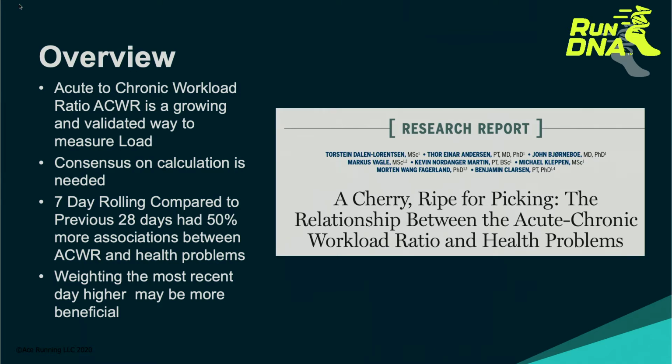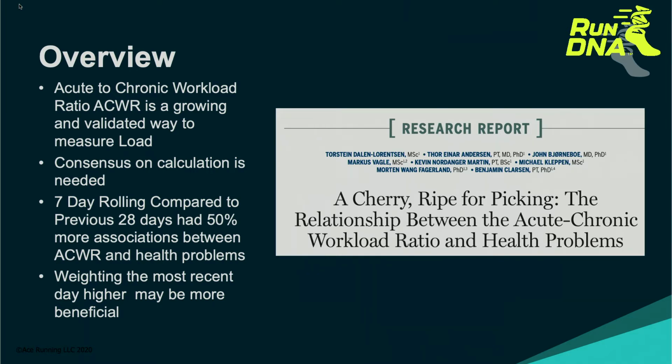We use something called Session RPE, which I'll explain in a little bit, as a way to do a measurement, but then we use a ratio that is looking at what we've been doing in the past 7 days, compared to a rolling average of the previous 28 days, like an average weekly volume for the 4 weeks preceding this last week that you're in.